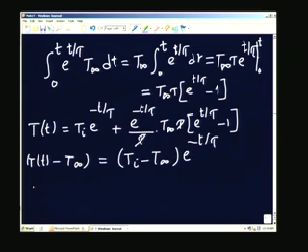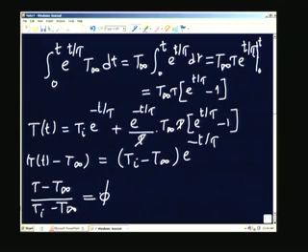Or T minus T infinity divided by T I minus T infinity, I will call it the ratio of two temperature differences, equal to phi, which is a non-dimensional temperature ratio, which of course is a function of time. This is equal to e to the power of minus t by tau, which is again a non-dimensional ratio of time t in seconds, or whatever units, to the time constant, which is in the same unit.